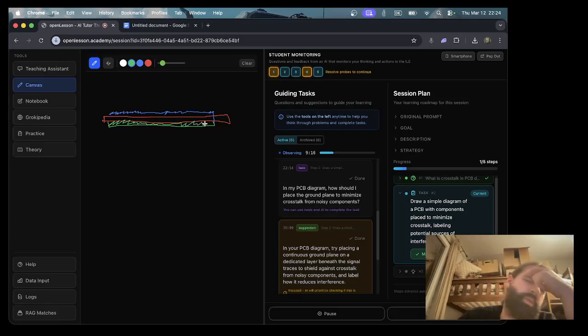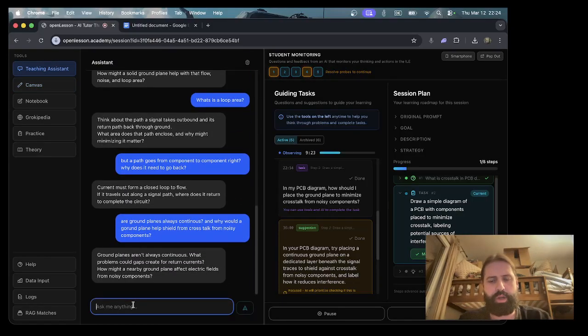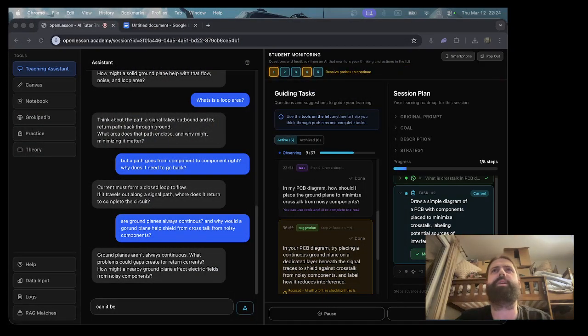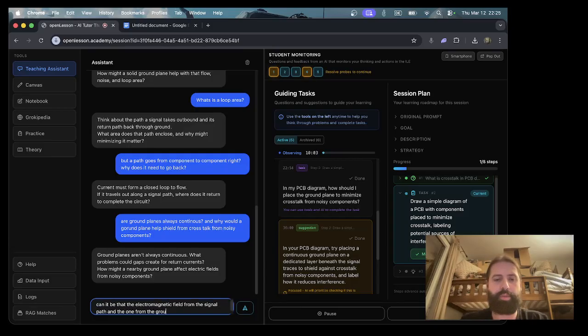I guess what's happening, and it's just a guess, I'm still testing for quality, is that the electromagnetic field from the signal path and the one from the ground plane sort of cancel?